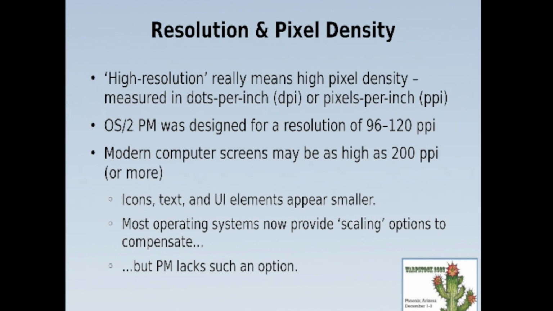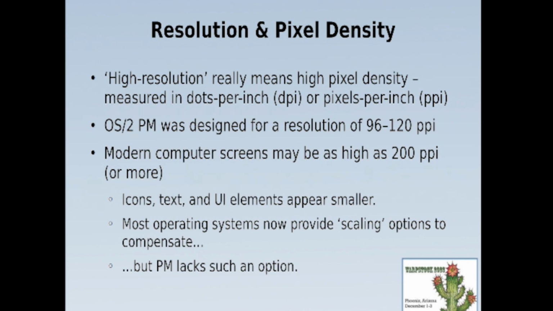But as I said before, modern computer screens, especially in the last 5-6 years, are often much more dense. And sometimes they get up to more than 200 ppi. For the record, if any of you have taken a close look at my screen while I've been here, you can see how tiny the native display components are on it. This is like 190 ppi. Some Apple Retina displays, I think, are well over 200.